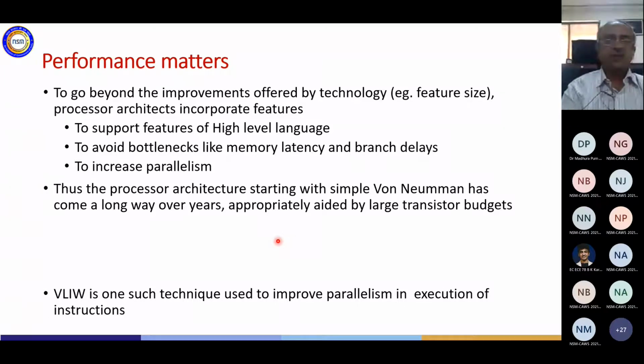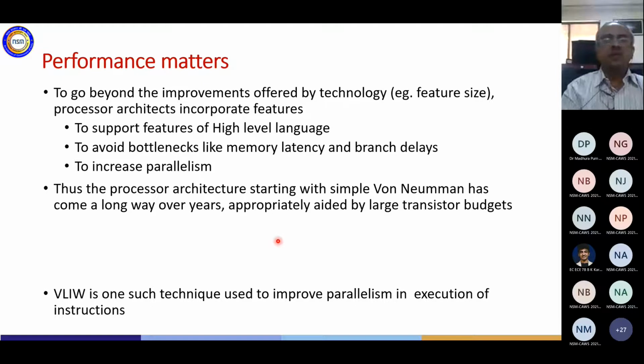Some of them are listed here. There are some features that the higher level language supports. The language that you're using, let's say C or Fortran, or maybe a newer language comes in. Some of you might have seen things used in AI related applications, like frameworks such as TensorFlow.